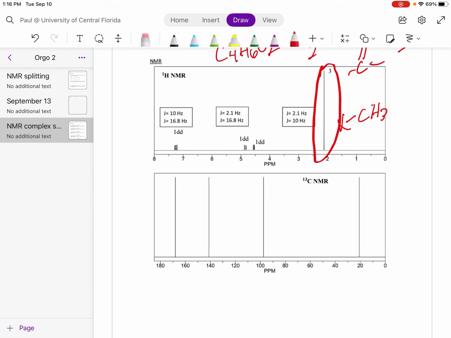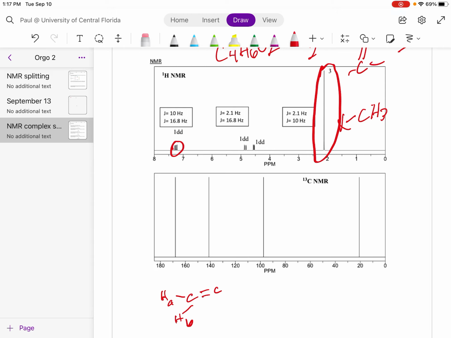And then we have a doublet of a doublet right there. So what have we seen splitting doublets of doublets? Well, I have an idea that we have an alkene in the molecule. So what if I had an alkene like this? Those 2 protons right there are not equivalent to one another.